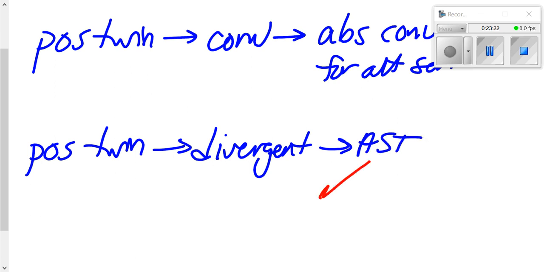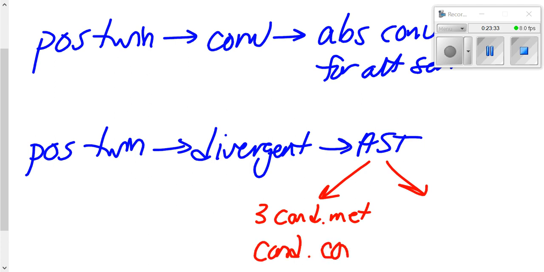In that test, either the 3 conditions are met or they're not. If the 3 conditions are met, then you have conditional convergence for the alternating series. And if not, then the alternating series itself is divergent. All right, that's it. That's the logic.